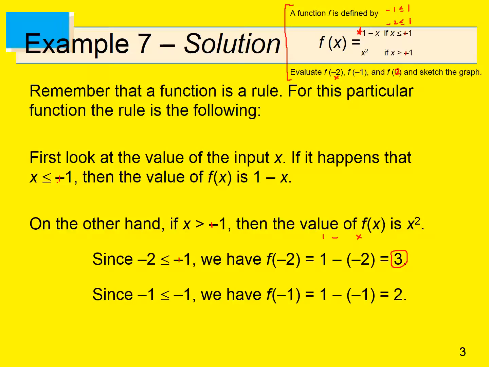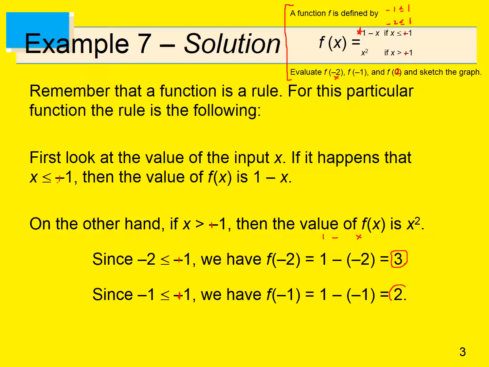That's less than or equal to 1. And so this top rule again will be used. The top rule is take the input and subtract it from 1. Well, if you subtract negative 1 from 1, you have 2. So that's your second answer.